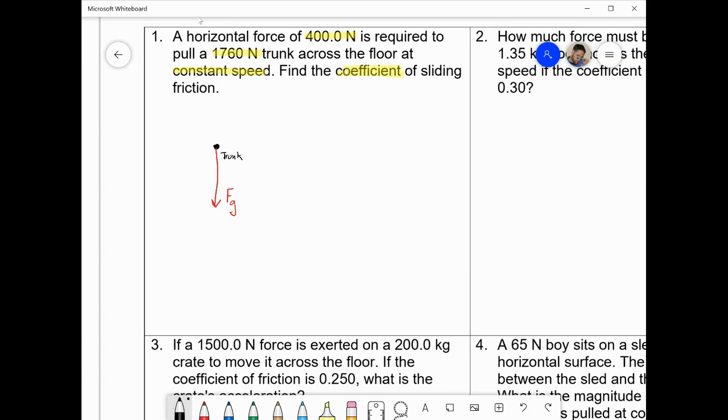Now, because this trunk is not accelerating, it has a constant speed, it means that all forces have to be balanced, which means that this force has to be balanced, and it is. The force that balances this one is the ground itself pushing back up on it.